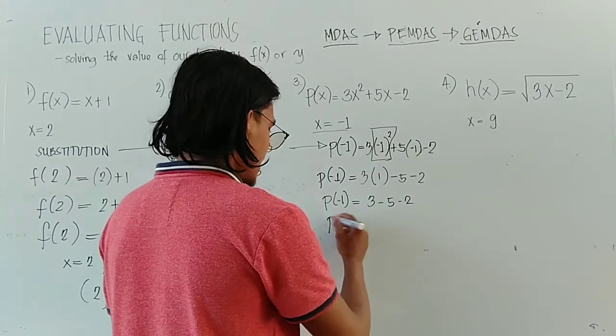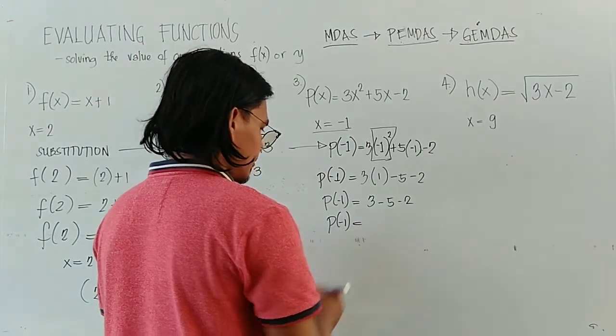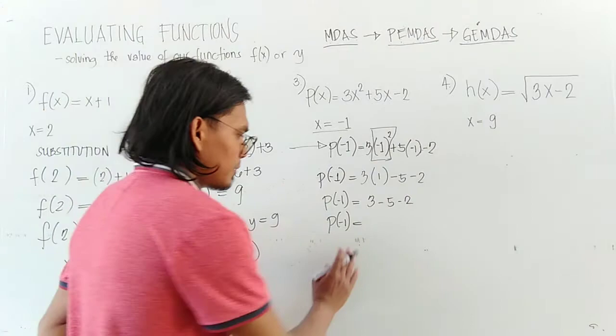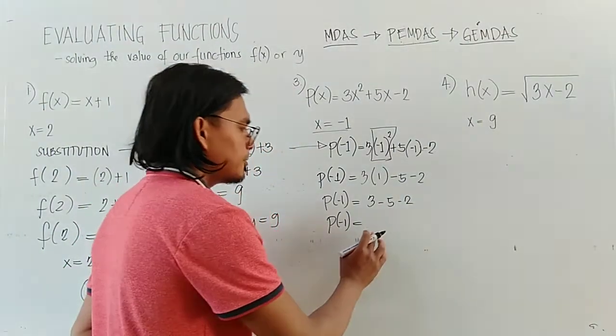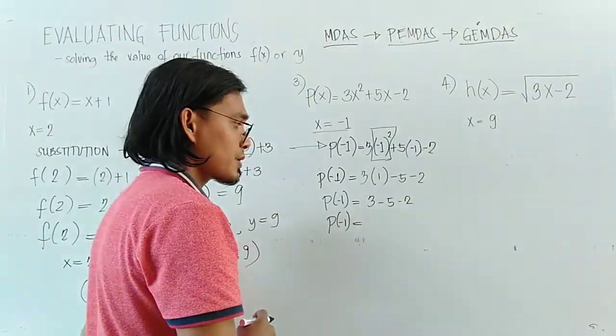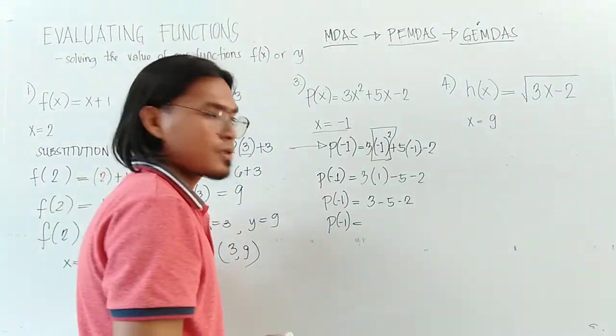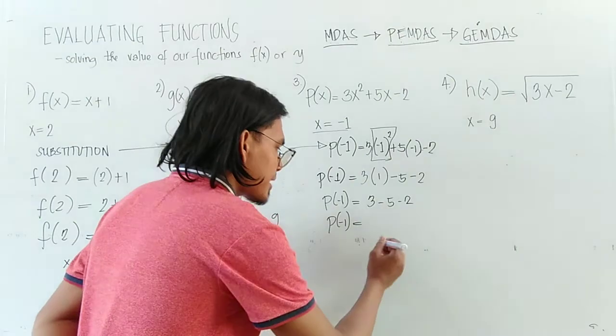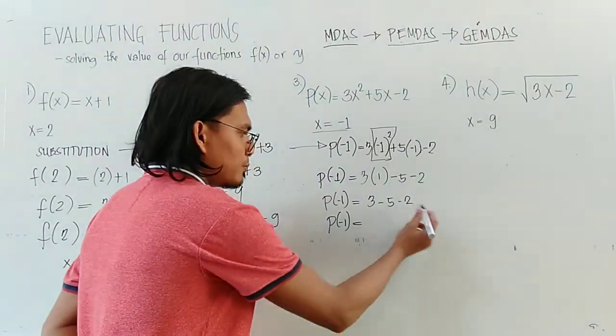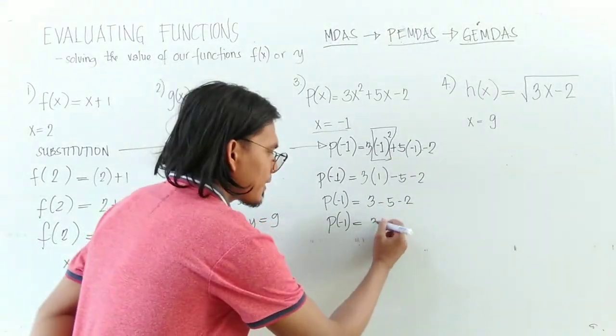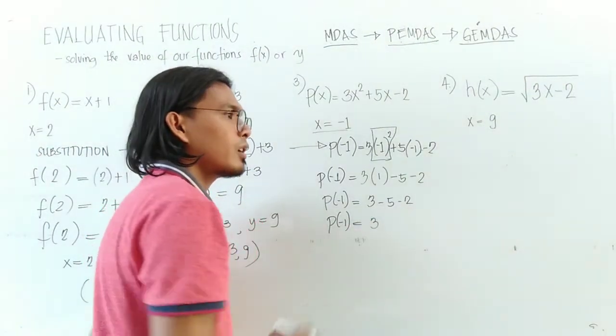So most of you are confused and may commit some error in combining these terms. So we are combining like terms. So just combine all the positive numbers. So the positive number here is 3. Then combine all the negatives.